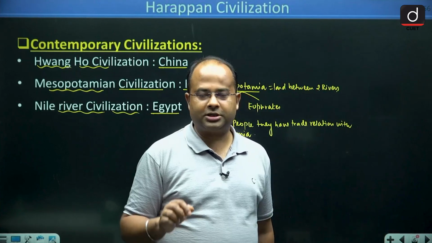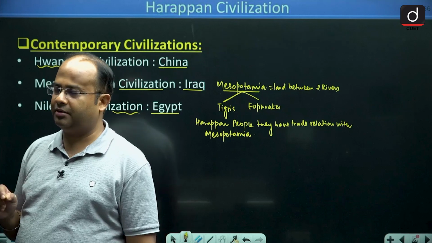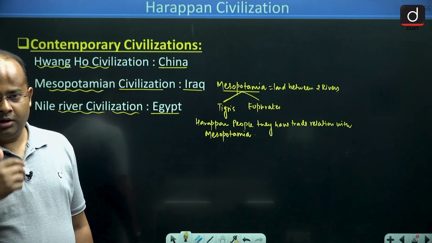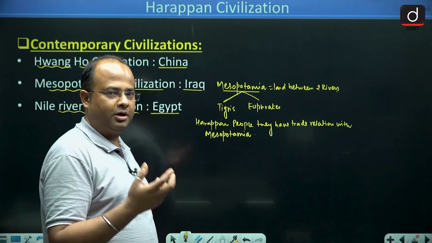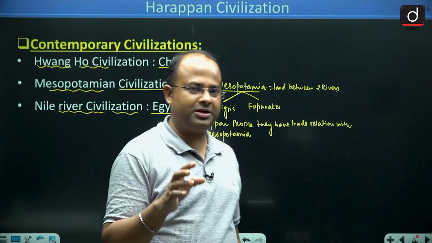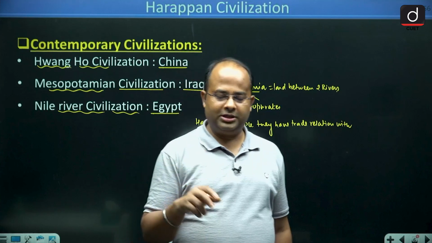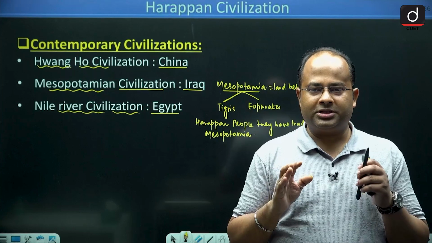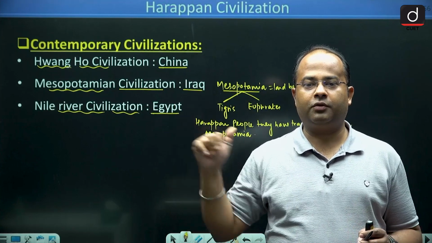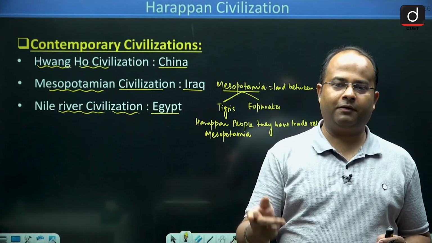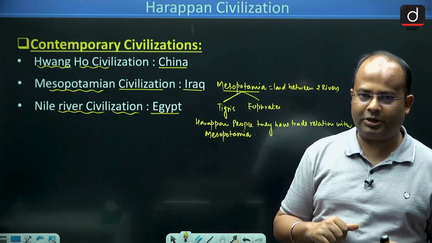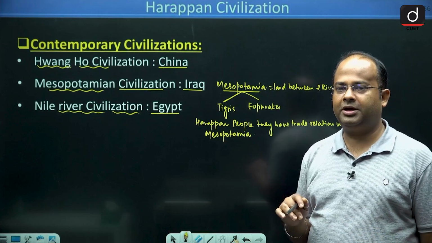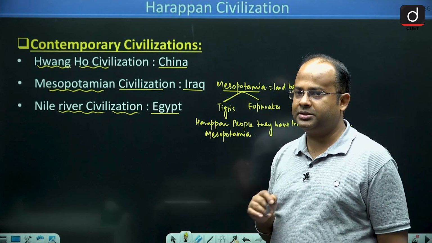So historians conclude that there must have been a trade relation between the Harappans and the Mesopotamians, because the seals of both civilizations are found in each other's places. Therefore, historians conclude that there must have been trade relations between both these regions.